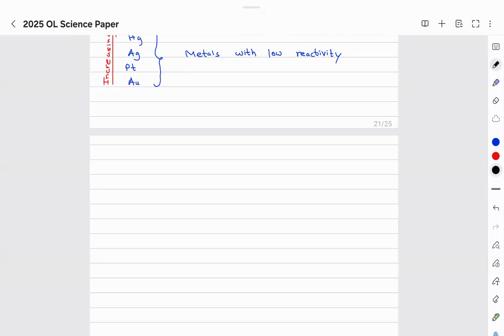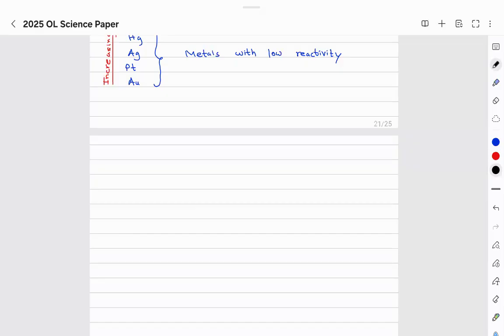I'm talking here about reactivity with water, diluted acids, and oxygen. But you should know that relative reactivity, that means compared to the other element, this element's reactivity with water, oxygen, and diluted acid is greater.